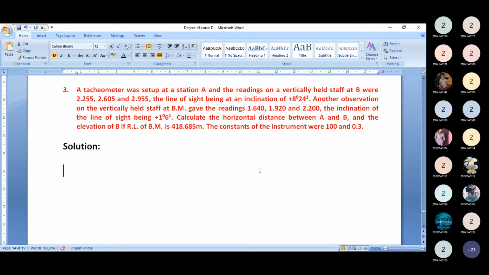This is the reading taken from the instrument station to the object. Next, one more observation has been taken to the benchmark, because the benchmark reading is the most important, since we have to take the height of the instrument. It means the RL of the instrument axis is the most important thing.